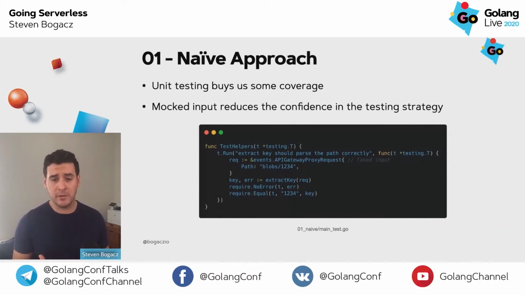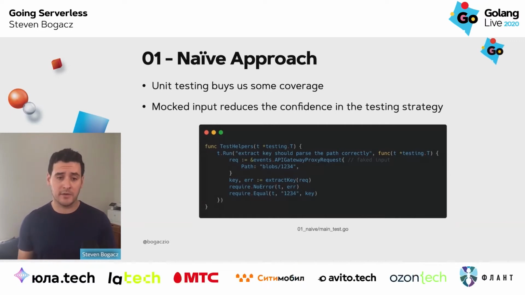Unlike, for example, an HTTP request, where we can do a curl, or in the case of Go, we'd usually be writing an HTTP test server and making HTTP calls from the unit test code to that test server.